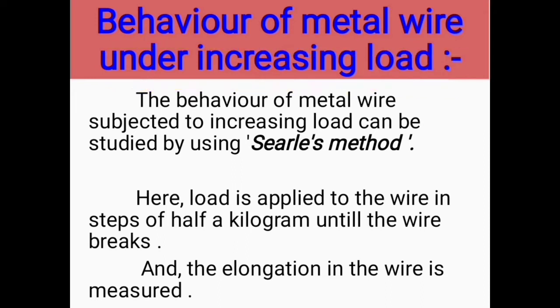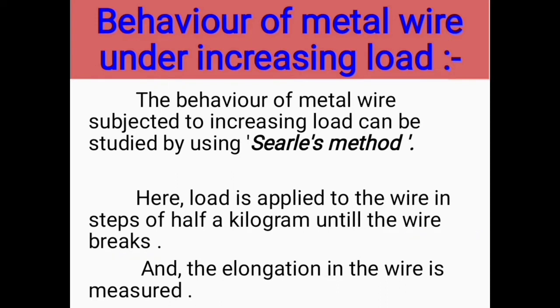The behavior of a metal wire subjected to increasing load can be studied by using Searle's method. With the help of Searle's method, we can study the behavior of a metal wire under gradually increasing load. In this case, we are applying a load to the free end of that wire in steps of half kilogram until the wire breaks.